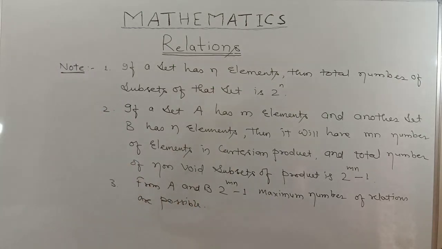Please note down this fast. This is the maximum number of non-void relations, 2 to the power mn minus 1. So please note down this.